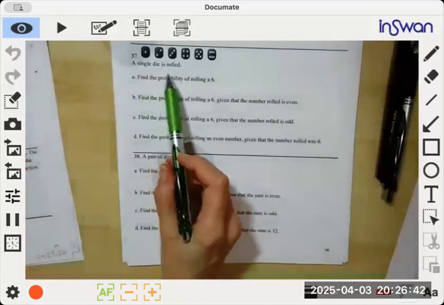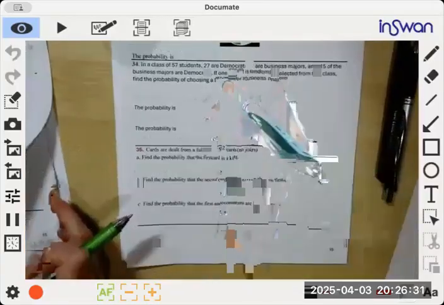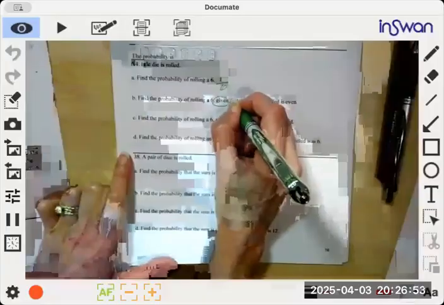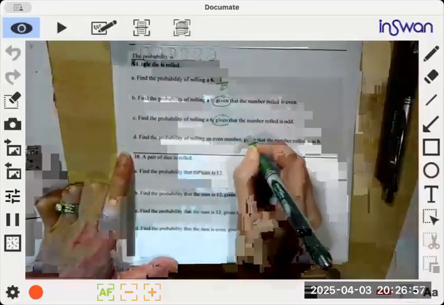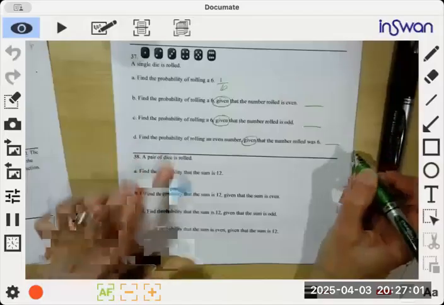Okay. A single die is rolled. Find the probability of rolling a 6. So 1 out of 6 chance of rolling a 6. All right, now here is that word given. That given tells me the denominator.